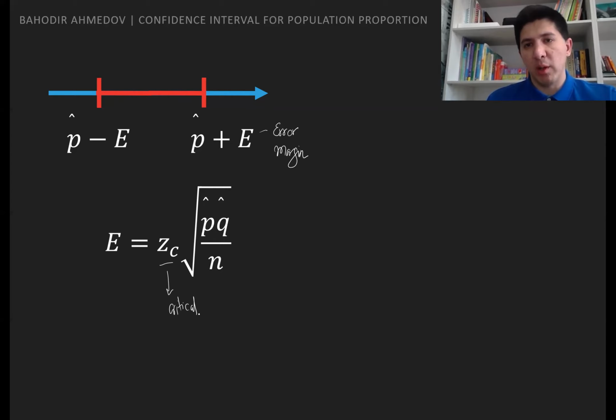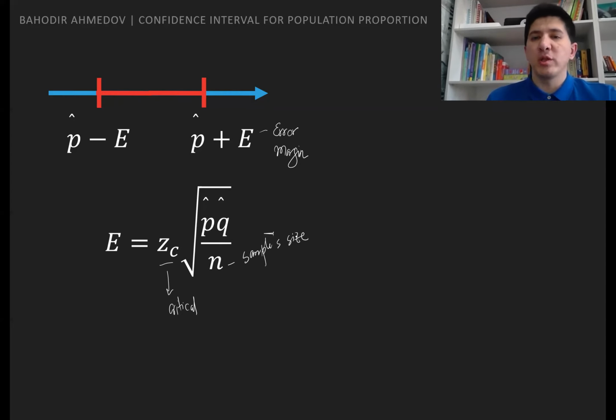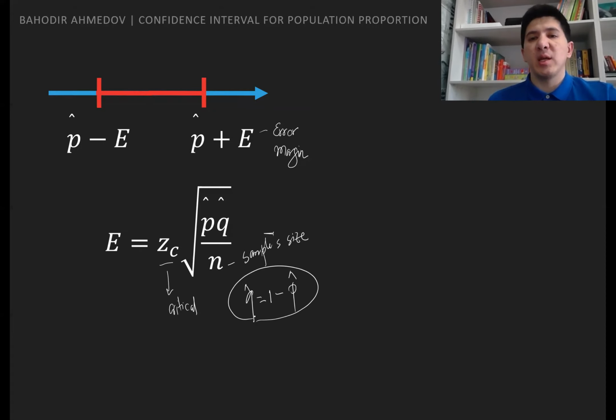So this critical point is going to be different. P hat and Q hat are the sample's proportions. We take a sample with a size n, so this is the sample size. Then we calculate the proportion of the sample, which is denoted as p hat, and the Q hat is calculated by subtracting p hat from 1. So this is how we calculate the Q hat.